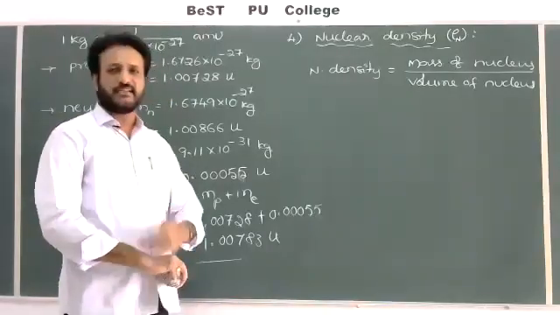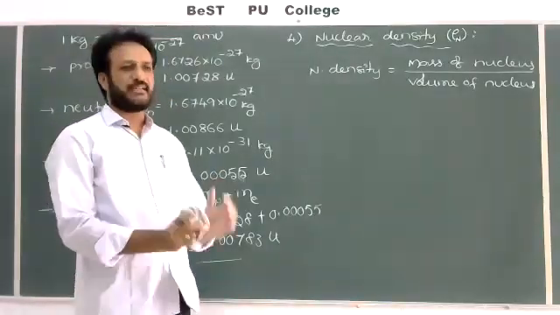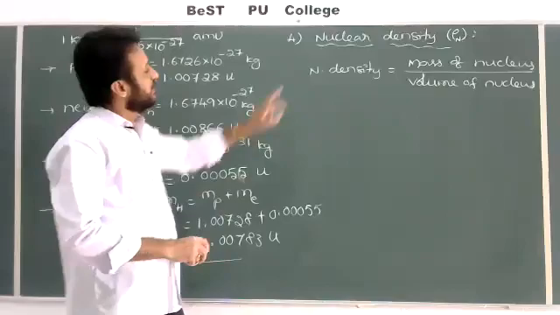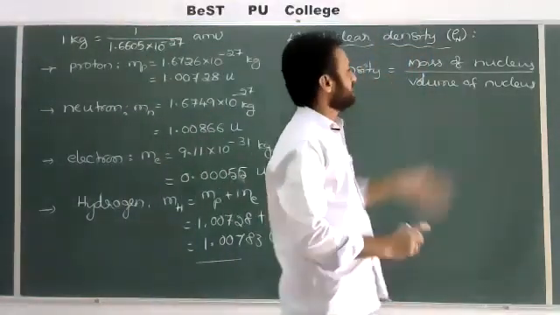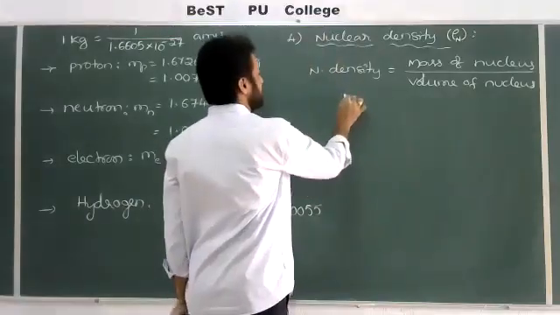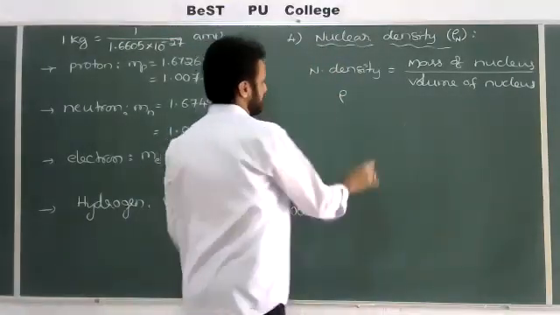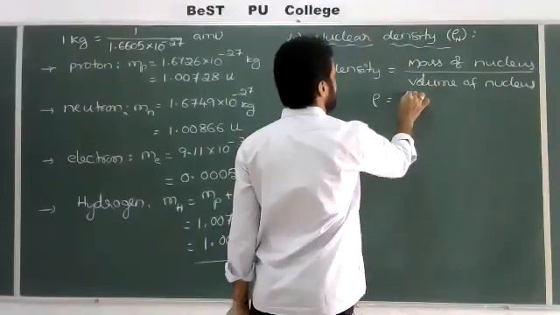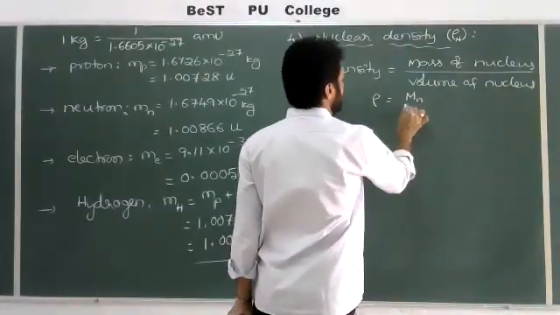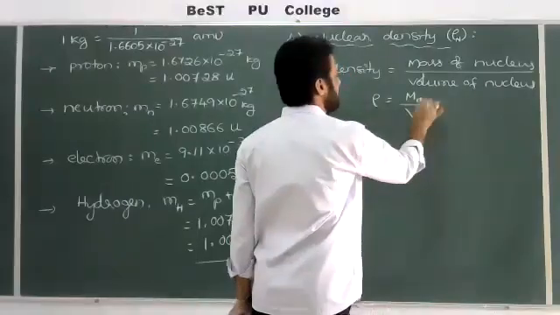For example, for water, mass of the given water by volume of the water. Same model, nuclear density means mass of the given nucleus by its volume. I'll take nuclear density with the symbol rho. Rho is equal to mass of the nucleus, I am taking Mn, divided by volume of the nucleus, equal to V, you should write.